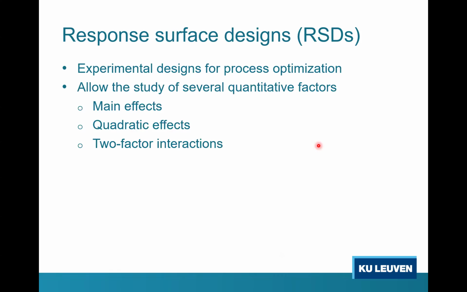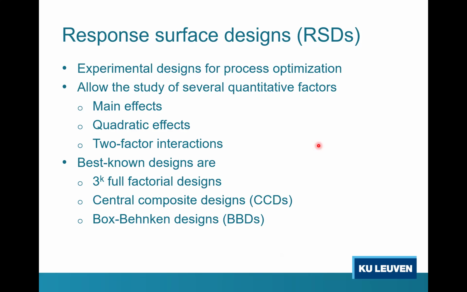Now, in textbooks on design of experiments, whenever you mention response surface design, it's automatically about these three kinds of effects that I showed you a couple of slides ago: the main effects, the quadratic effects, and the interaction effects. The best known experimental designs for these situations are factorial designs that study every factor at 3 levels. We call that 3 to the k full factorial designs, where k is the number of factors that you want to study.